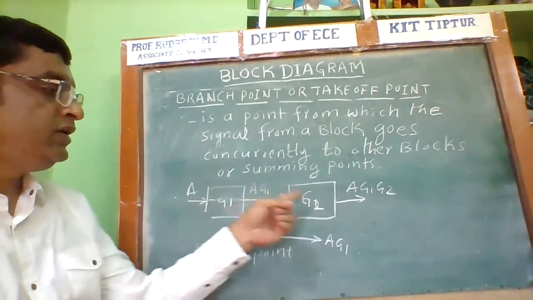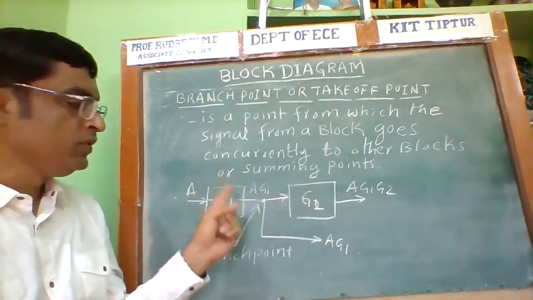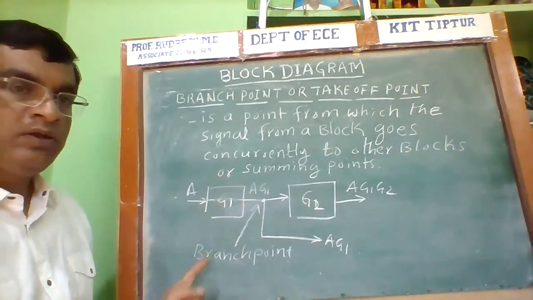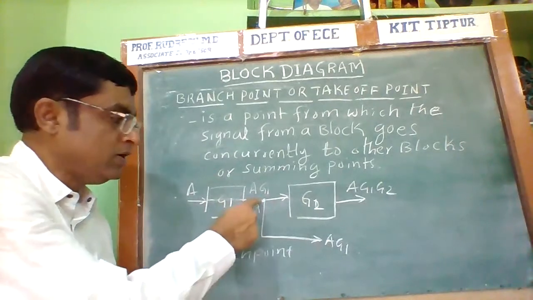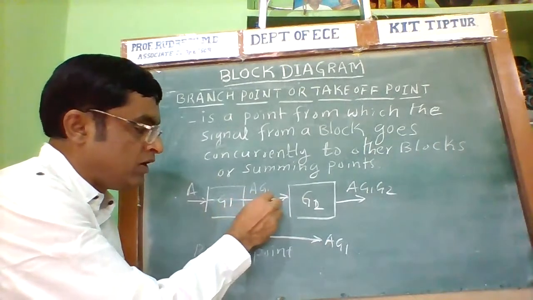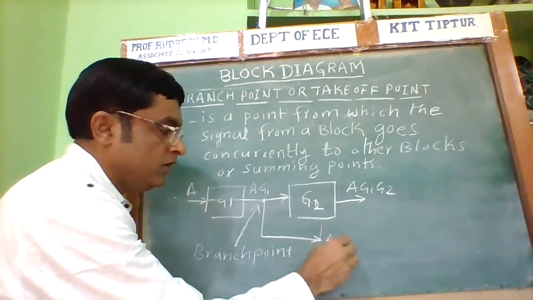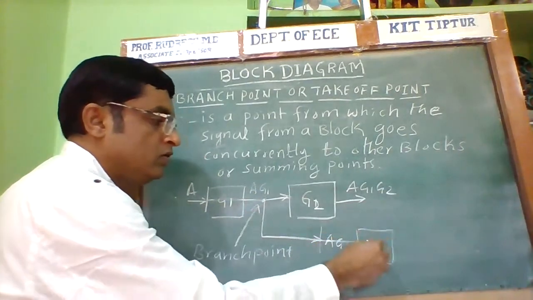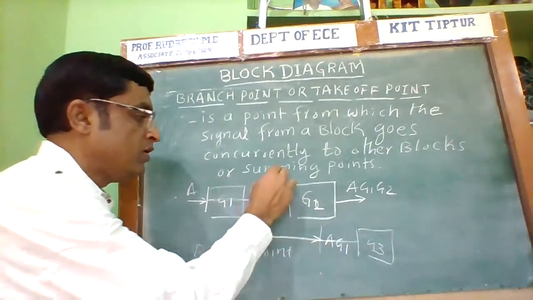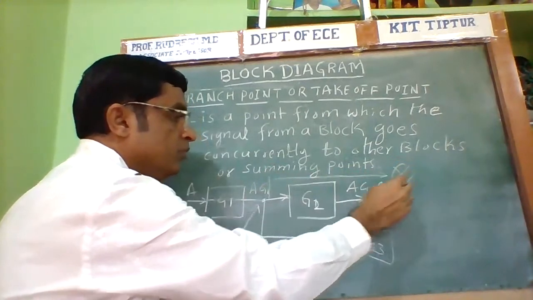Suppose G1 and G2 are blocks connected by arrows, and in between there is a take-off point or branch point. From this point, the signal from the block goes concurrently to some other block, say the G3 block, or it may also go to the summing point. Now this is the summing point.